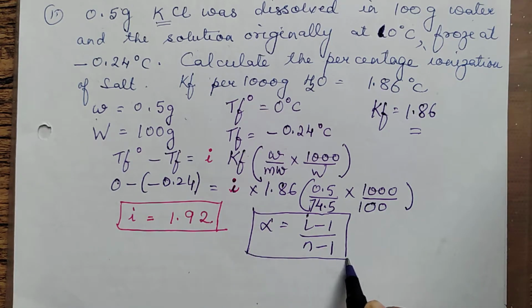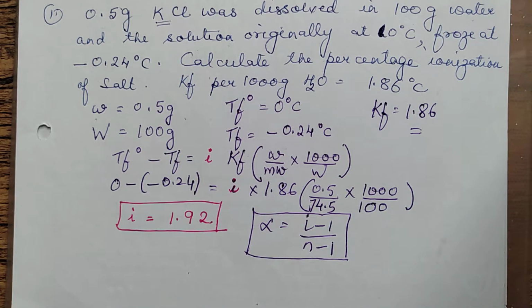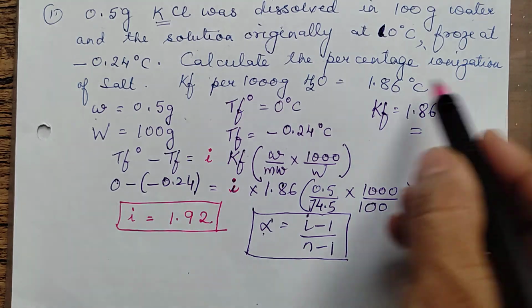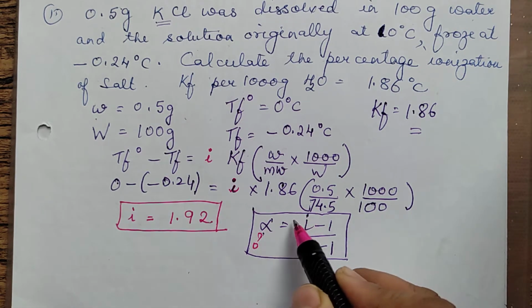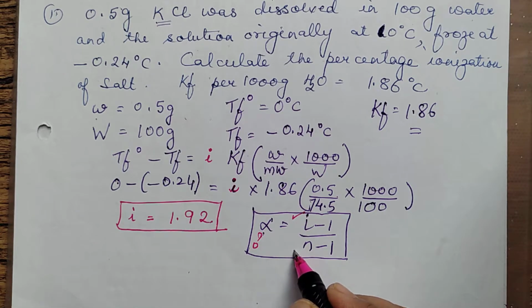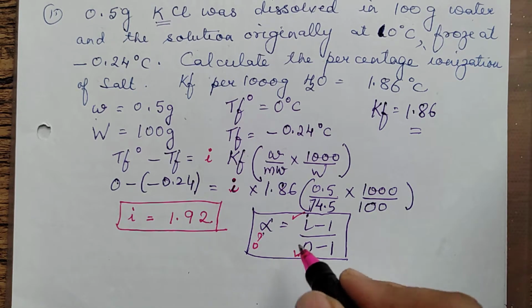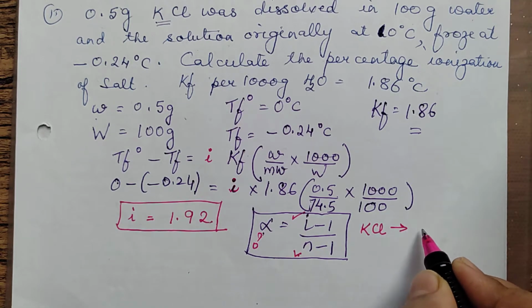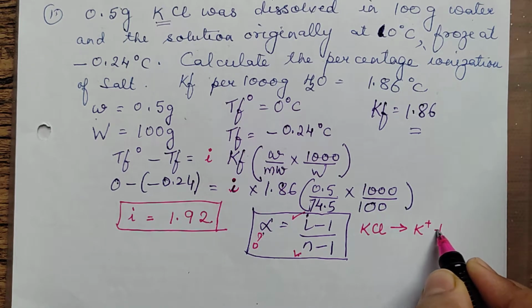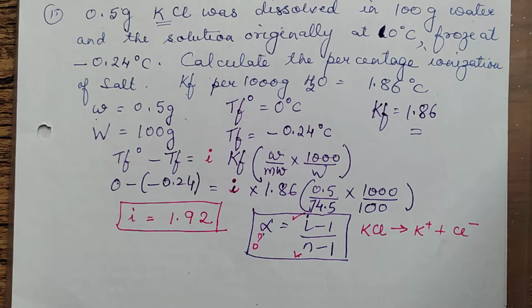For dissociation this is the formula, where this alpha is to be calculated. They are asking you to calculate the percentage ionization. This is to be calculated. The i value we know. What is this n value? n value is the number of particles obtained, because when you take potassium chloride and ionize it, it will dissociate and form two ions, one potassium and one chlorine.